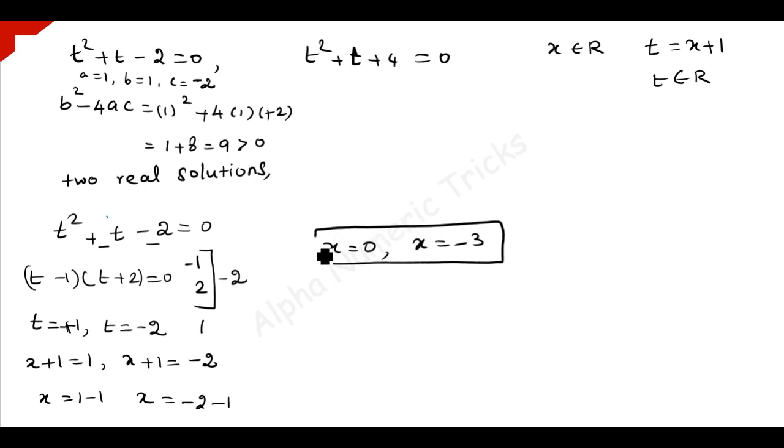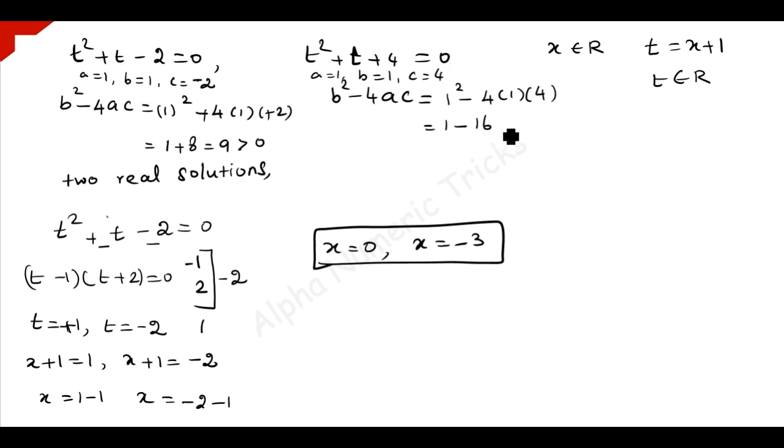So we have two real solutions for this problem, and here we had to find out whether we get a real solution or not. So here also we had to find the b squared minus 4ac value. So a is equal to 1, b is 1, c is 4. So 1 squared minus 4 times 1 times 4, which is 1 minus 16, which is negative, less than 0.